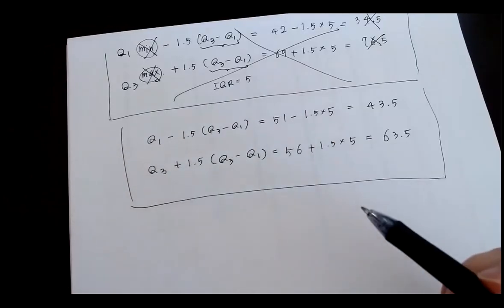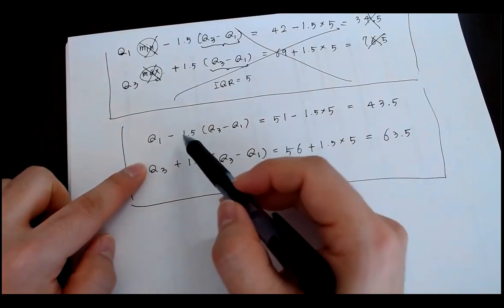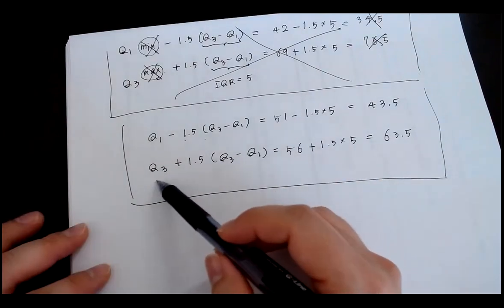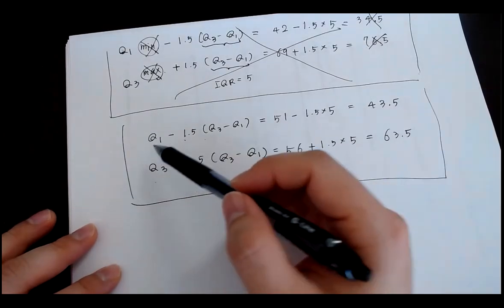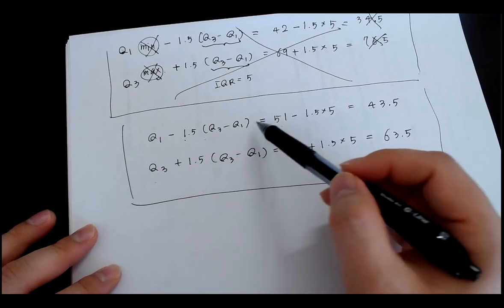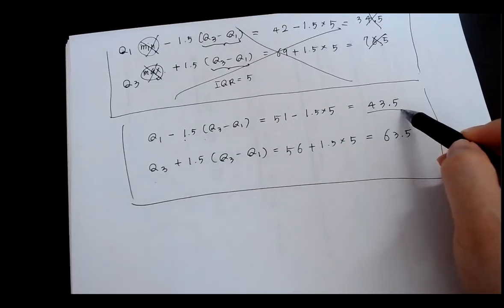So an outlier means that the given data value is less than Q1 minus 1.5 IQR or greater than Q3 plus 1.5 times IQR. Q1 is 51 minus 1.5 times IQR, which is 5, so we get 43.5.